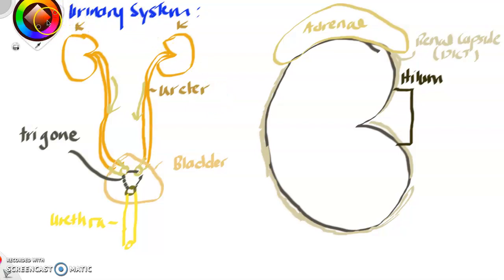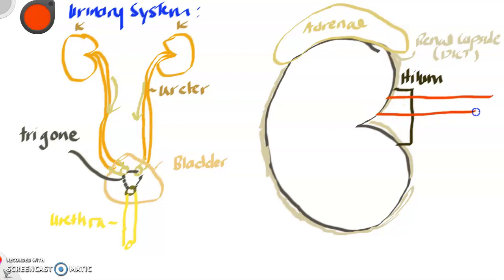Okay. So what comes into or out of the hilum? Well, the first thing we want to look at that comes out of the hilum is this guy here. And this thing here is the renal artery.